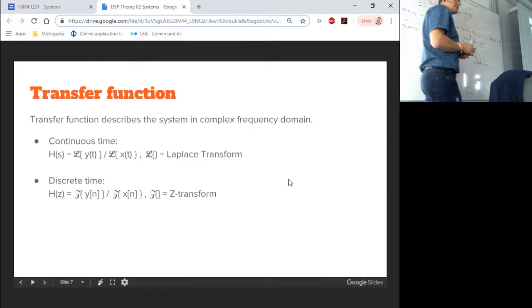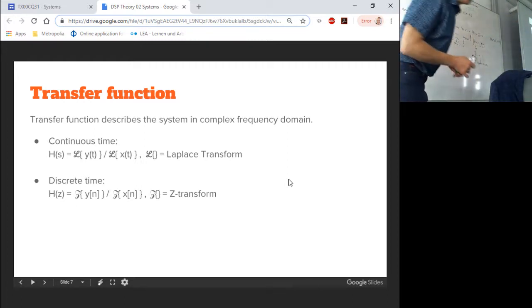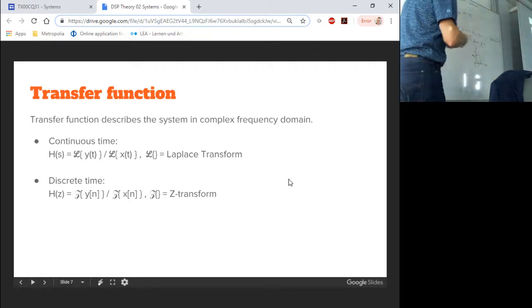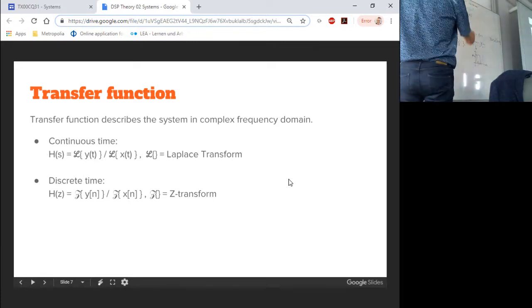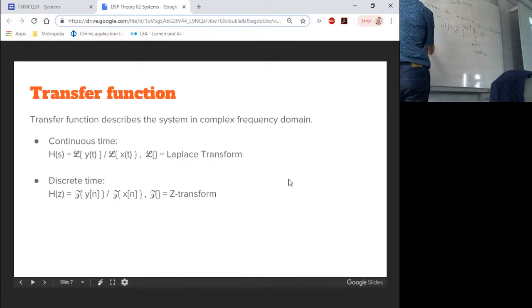There's some theory how to do it. It's basically the same thing. It's just sampled Laplace transform, basically. And the system transfer function has exactly the same thing. If you want to know the output, think of a system with x of n going in.